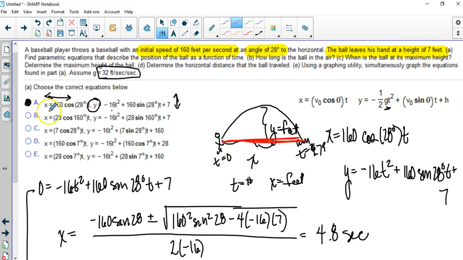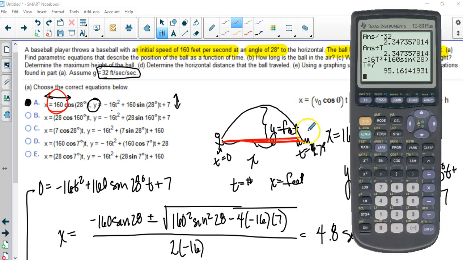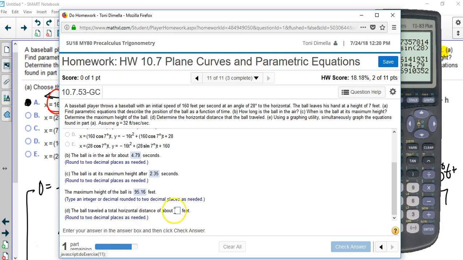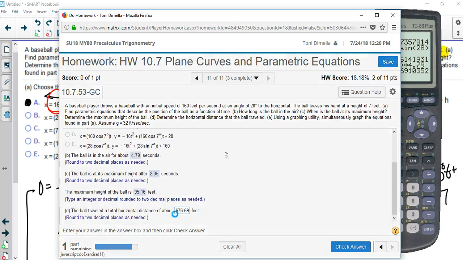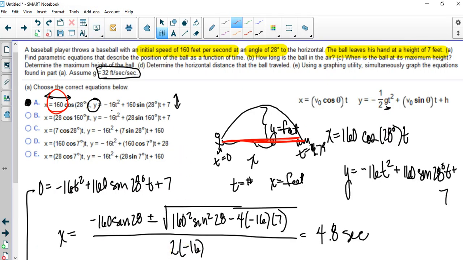That's what we're looking for now. Well, that's the x part. Back to the calculator. 160 cosine of 28. Let's go ahead and plug in the t that we know we need to find, which was 4.79. 676.69. So definitely a messy looking problem, but there.